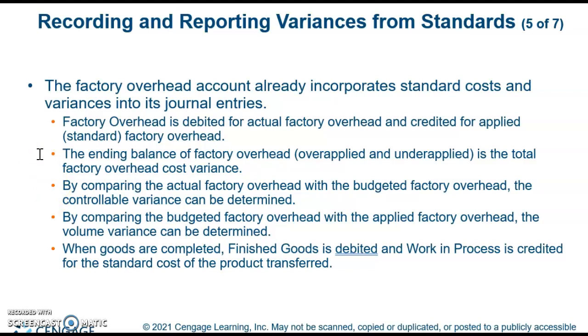We always debited for actual, and then we always credited out our standard. That is the amount we estimated. So when we determined if it was over or under applied and we closed it out, we were actually determining our total factory overhead cost variance by comparing the actual factory overhead with the budgeted factory overhead.